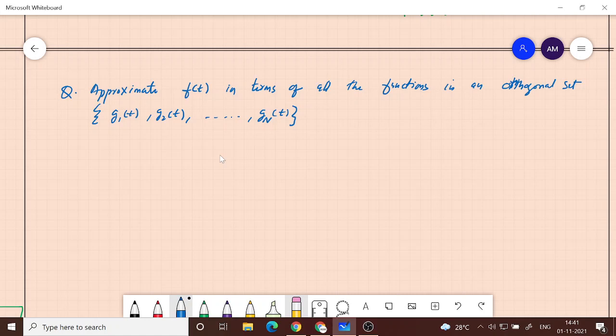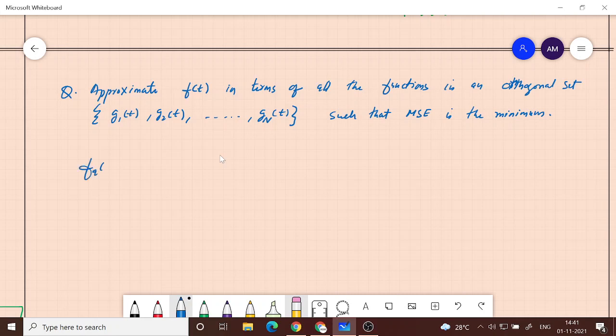So approximate f of t in terms of all the functions in the orthogonal set, such that the MSE is the minimum. Okay, so that is how we are going to do it.